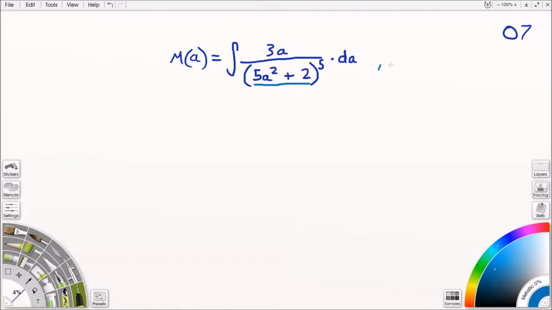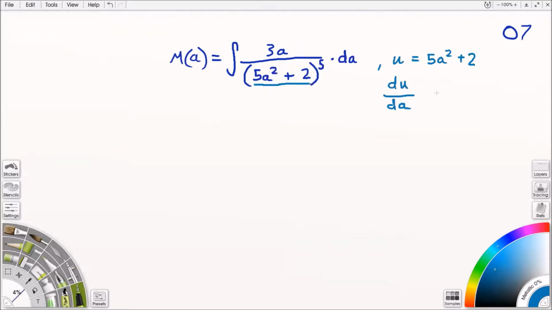So what we're going to do is let u equal 5a squared plus 2, and then we have du dA, the change in u with respect to a.